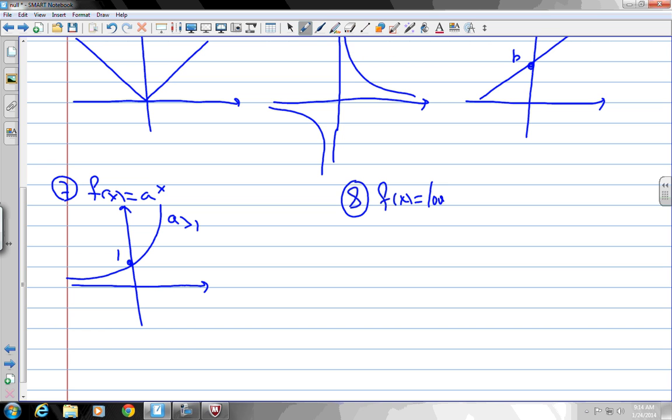So log base a of x. So let's say this is 1. So we'll have something like that. Good? You know these shapes?